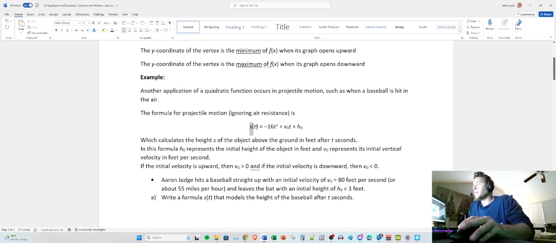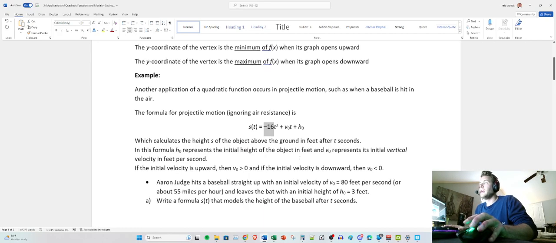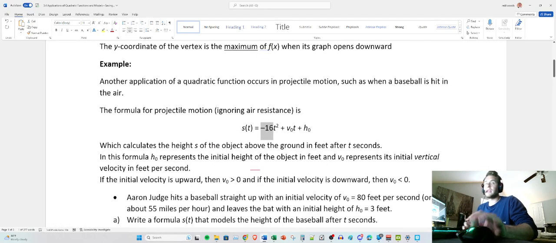One of the typical examples you see in quadratic application problems is projectile motion. For those that take physics, we put this -16 in front of the quadratic, and that represents the acceleration of gravity, which is -16 feet per second squared.